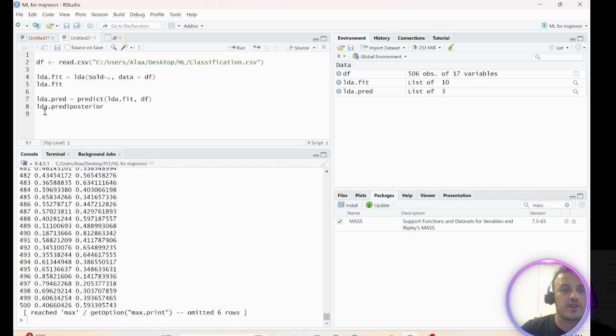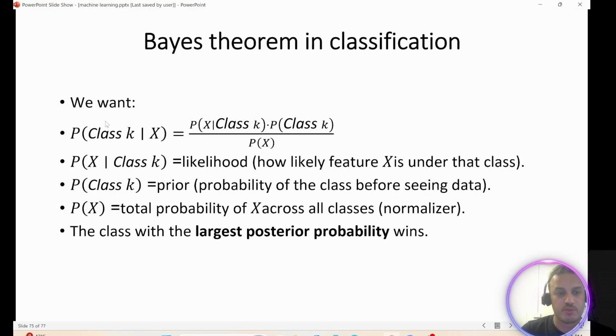After we fit our model, now it's time to predict on our data, and there we get the posterior, the probability of x. We get the posterior from this equation, so you don't need to worry about the complex formula that we talked about.